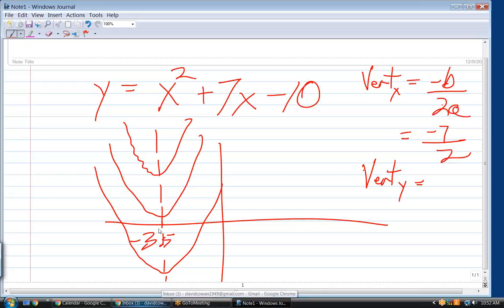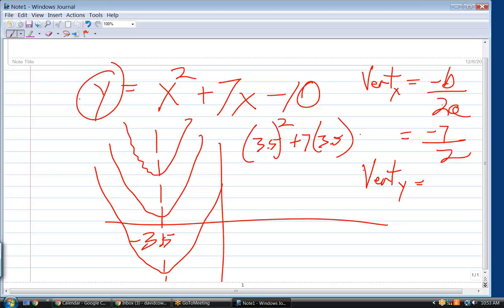Now, to find out which parabola it is, I need the y-coordinate. How do you get the y-coordinate? You plug in x. Right, exactly. So y equals 3.5 squared, plus 7 times 3.5, minus 10.